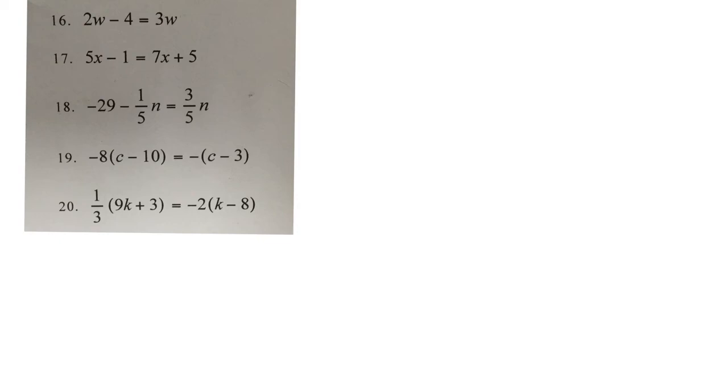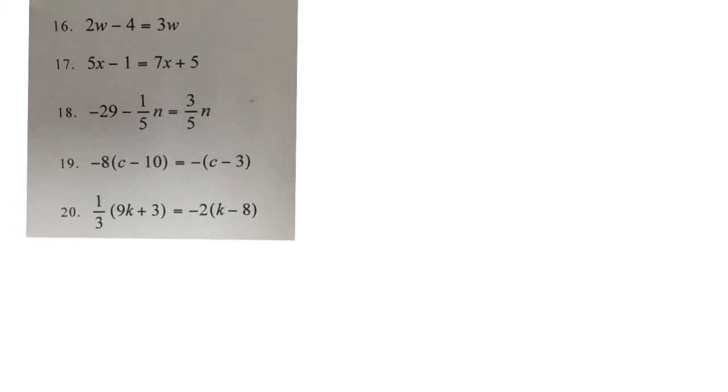Okay, we're looking at 16 through 20. So 16 has a 2w on one side, a 3w on the other. So because the 3w doesn't have a constant, I'm going to move the 2w to the other side. So I have 2w minus 4 equals 3w. I'm going to minus the 2w.